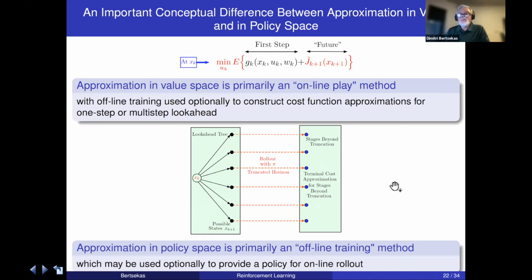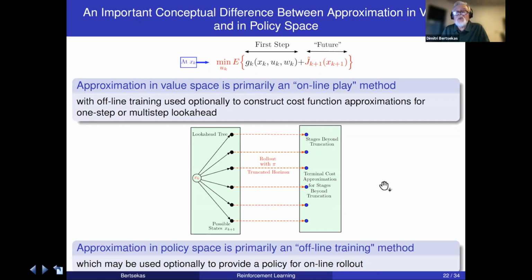So we have made the point in the previous lecture that it is very useful to build online play on top of offline training. However, approximation in policy space does not allow that. It does not allow you to take advantage of online play on top of offline training.